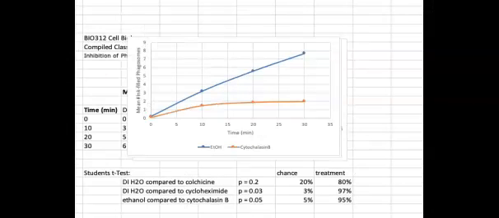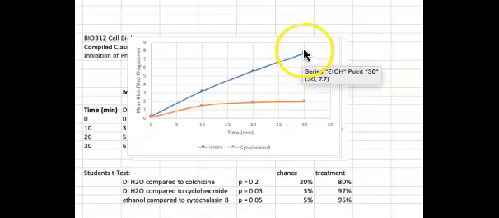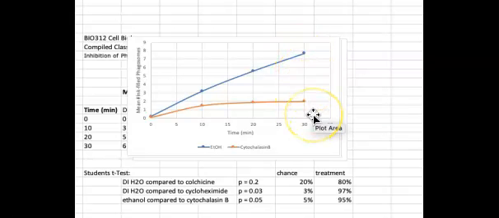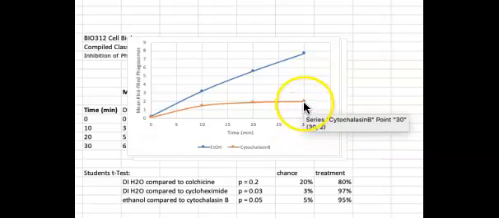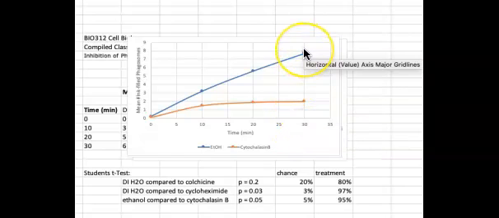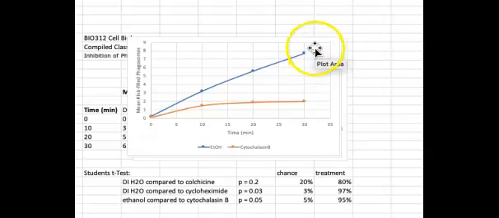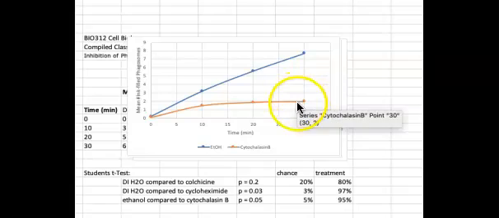Here's the graph comparing the control in blue to the treatment, the cytochalasin B, in orange. It looks similar to the last graph, doesn't it? At 30 minutes, which is again where we're evaluating our data, there appears to be a very big difference between the mean number of phagosomes in the control group and the mean number of phagosomes in the treatment group.